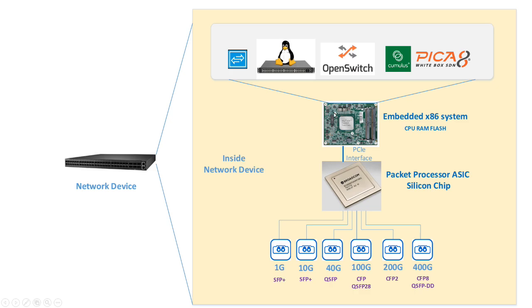So ONIE, the Open Network Install Environment, allows you to install this type of operating system. So you can install Pica8 or Cumulus Linux, OpenSwitch from Linux Foundation, Open Network Linux, or even Big Switch Networks' Switch Light, I think.